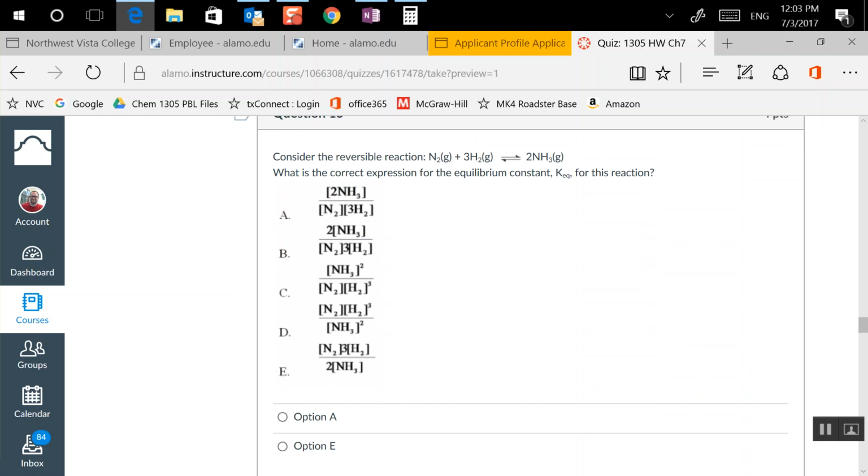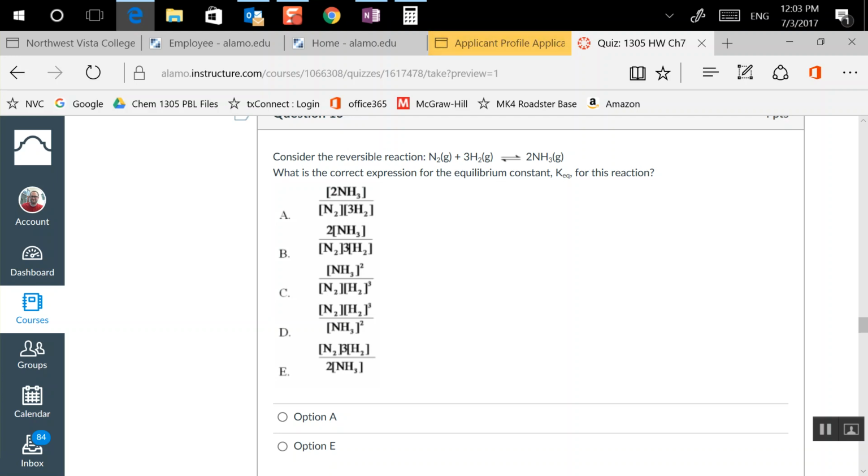It's the products over the reactants. So it's going to be NH3 on top divided by N2 and H2. So these first three, A, B, and C, all have that. What's wrong with A? That's the coefficients. They left the coefficient with NH3 in the brackets, right? That's not how I use the coefficient.